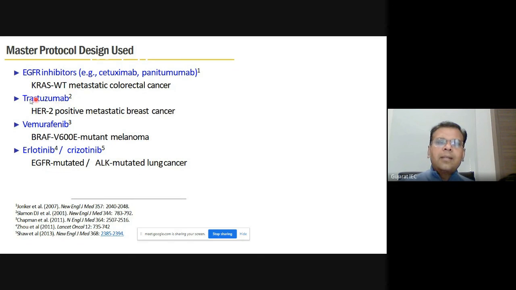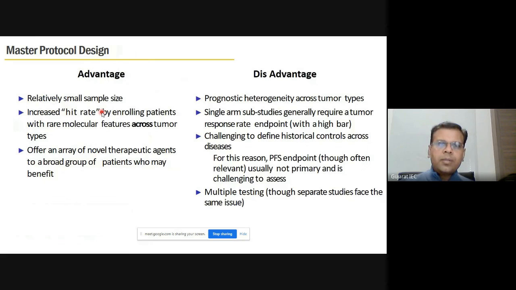Similarly, when trastuzumab was tried just in breast cancer, it would have been scrapped totally. And when we have HER2-positive metastatic breast cancer, it shows a wonderful effect. So this is how the trials were designed, which gave a really good response.